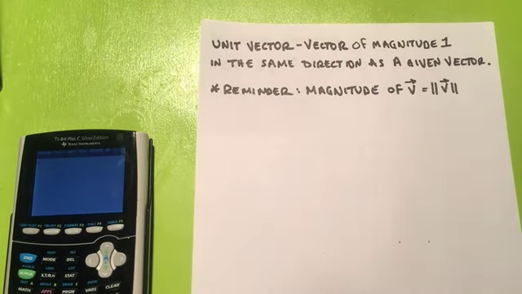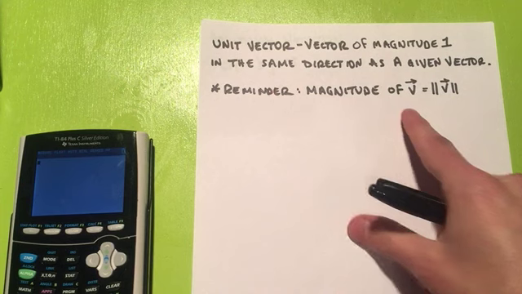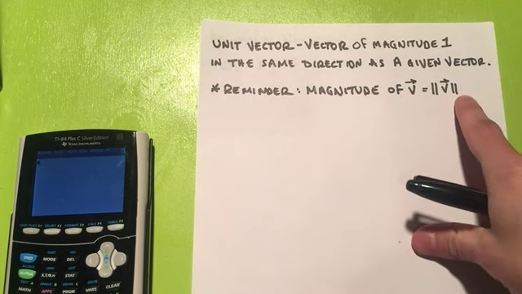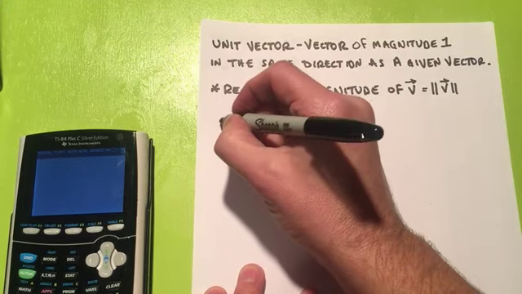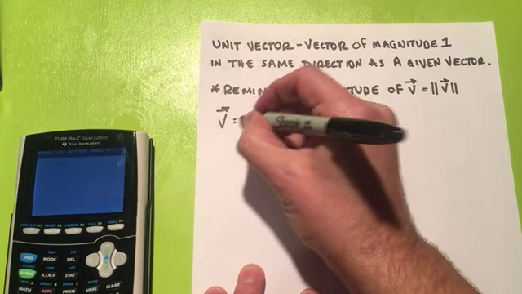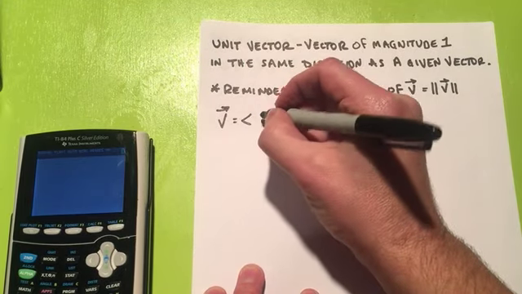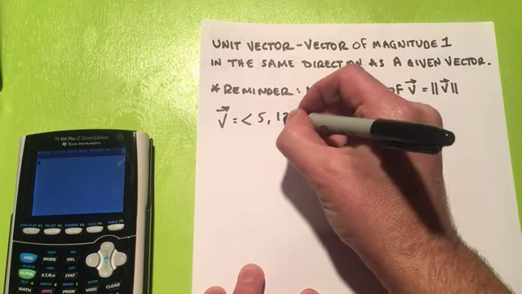Next up, we've got the idea called a unit vector. Unit vector is any vector of magnitude 1 in the same direction as another given vector. Now, just notation-wise, the double vertical lines, that's our symbol for magnitude. So if we take a generic random vector, let's say, 5, 12.